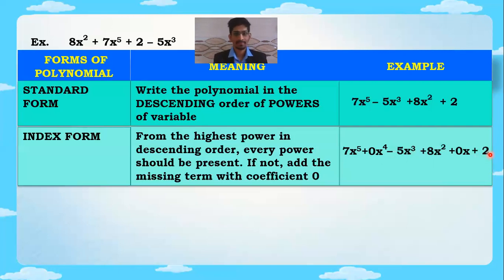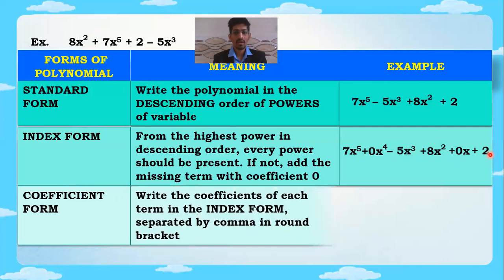As simple as that. And the third form of polynomial, students, is nothing but the coefficient form. It is called as coefficient form. Now what do you mean by coefficient form? In coefficient form, students, we need to write the coefficients of each term in the index form separated by comma in round bracket.